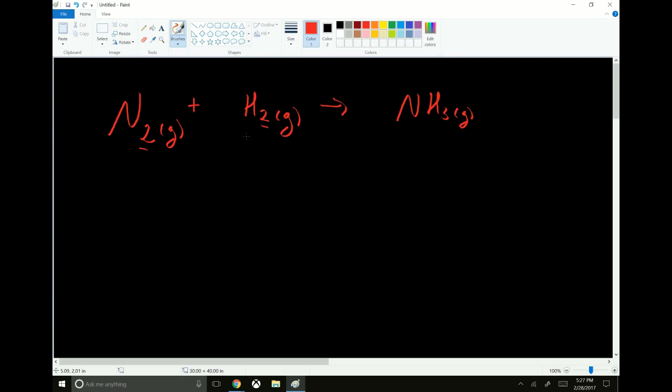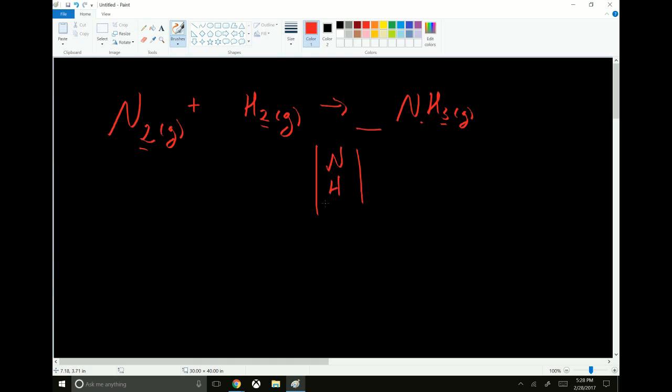That means that you can only ever get an even number of hydrogen atoms or nitrogen atoms here on the left. Here we have 1 and 3. You can get odd numbers. Okay. So that means that whatever coefficient we're going to use for ammonia, we're going to have to make sure it's an even number to end up with an even number of atoms.